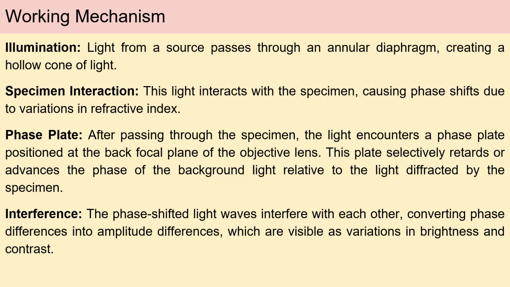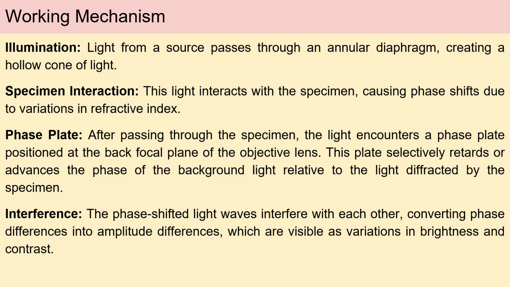As the light continues through the specimen, it encounters a phase plate situated at the back focal plane of the objective lens. This plate is specially designed to either retard or advance the phase of the background light relative to the light that has been diffracted by the specimen.